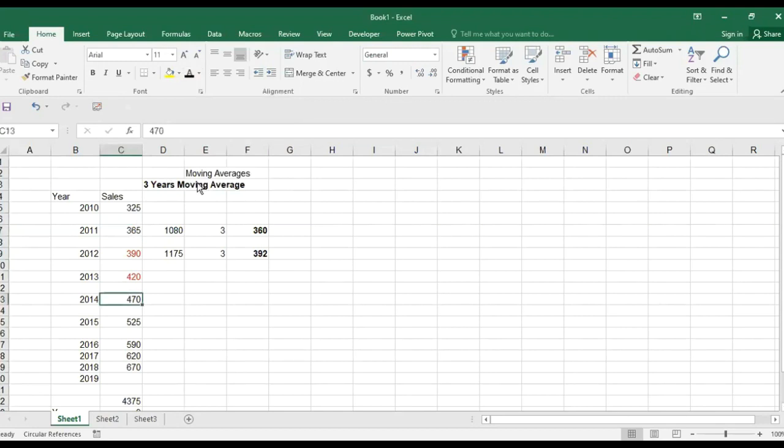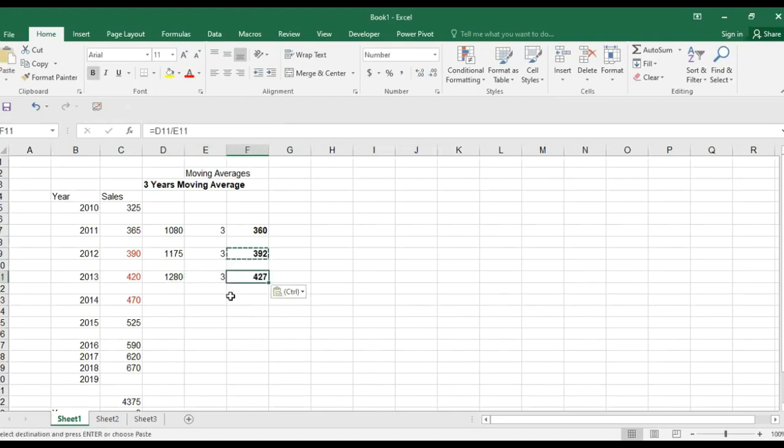And now you take an average of this one plus this one plus this one, again dividing by 3. So what you are doing now is that this 427 does not include the old data belonging to 2010. This 427 is just an average of the last 3 years.